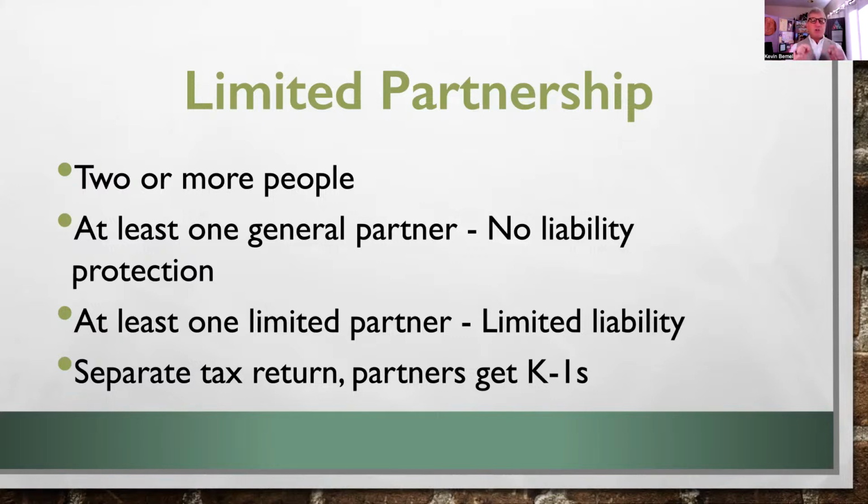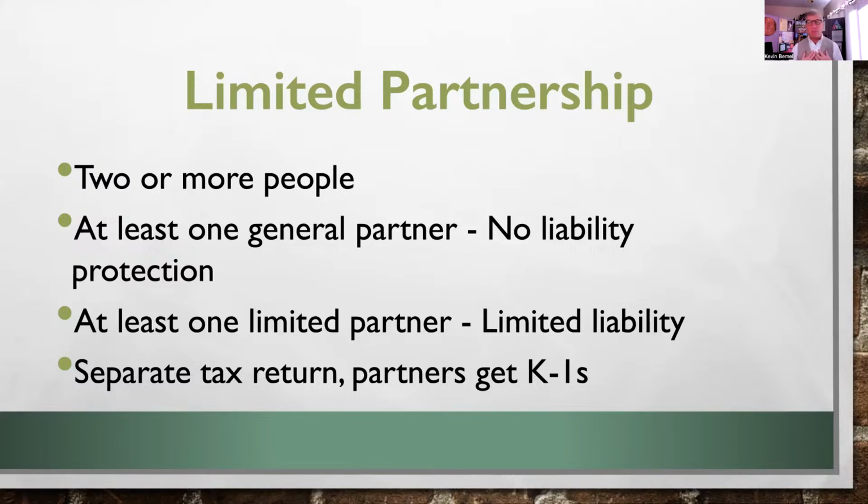A limited partnership must also have at least one limited partner. That limited partner does have limited liability, and in general, a limited partner's liability will be limited to what they invest in the limited partnership.